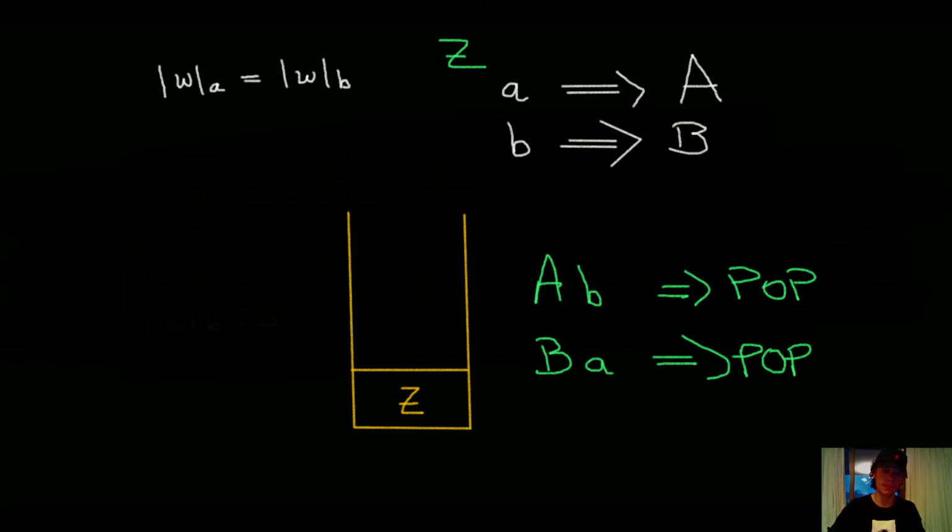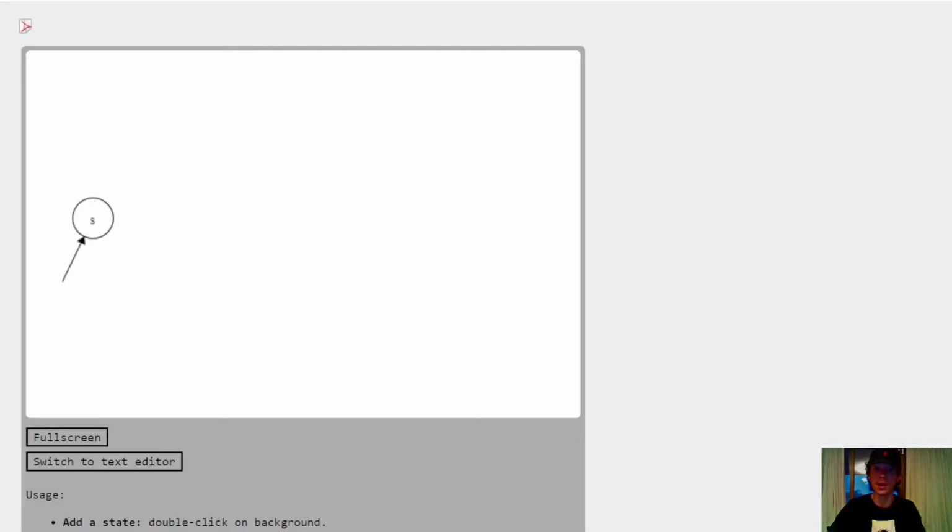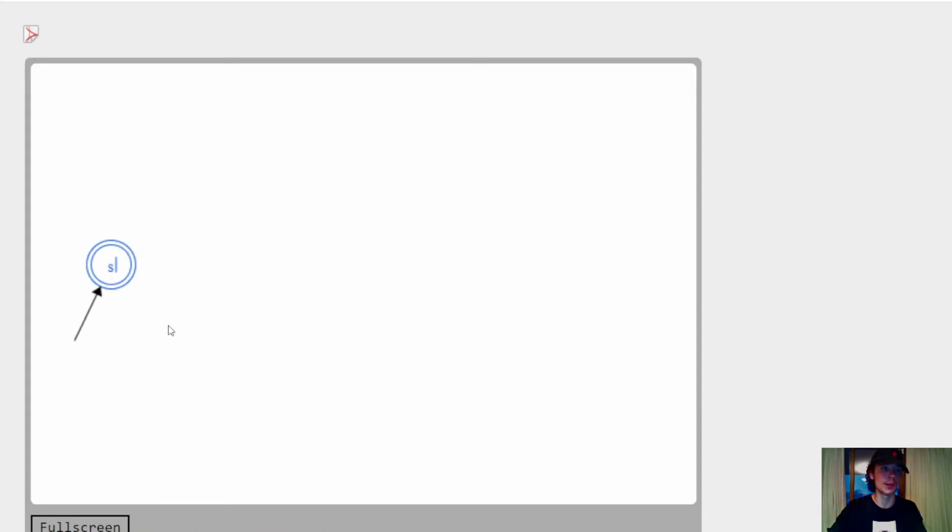So we can represent this state as an ending state like so. Remember that if we draw an inscribed circle inside the node, it means that we are defining an accepting state in this node.